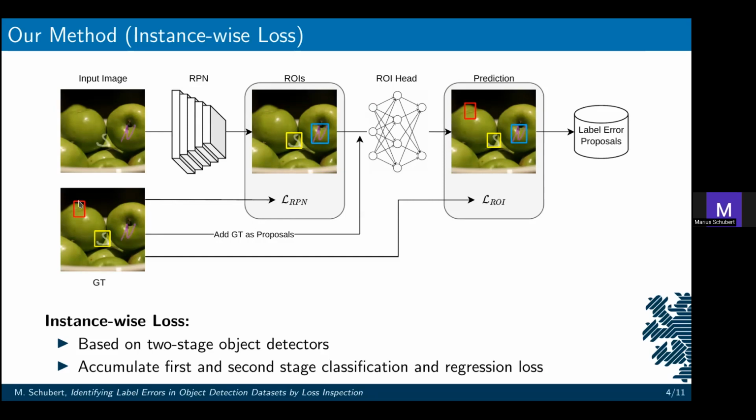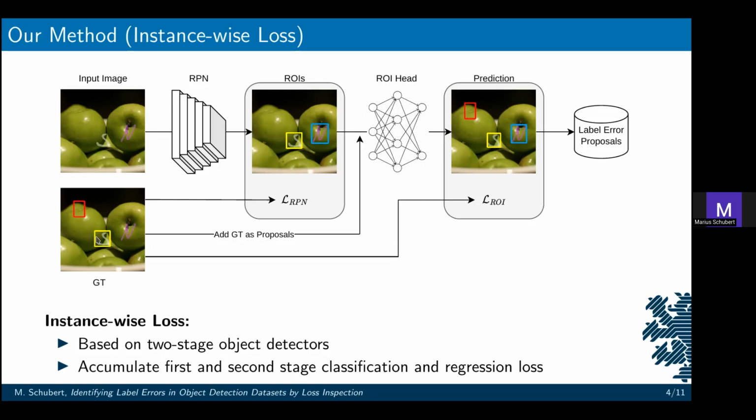The spawned red label here on top is assigned a high classification loss from the first and second stage, since the assigned predictions should have a score close to 0 in the first stage and an almost uniform class distribution in the second stage, because the region of interest head doesn't know what to predict for this box.